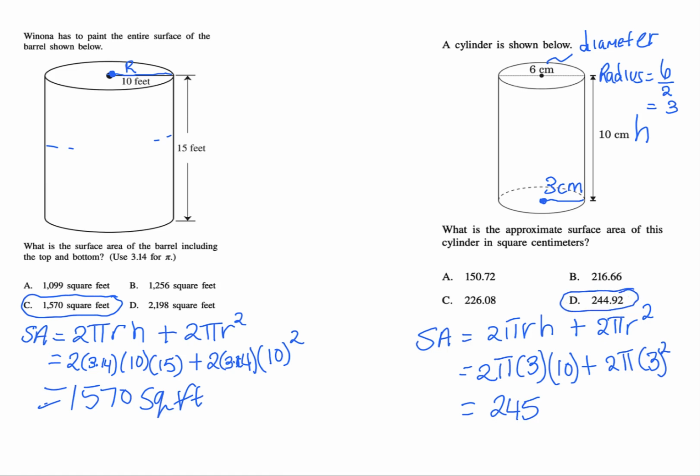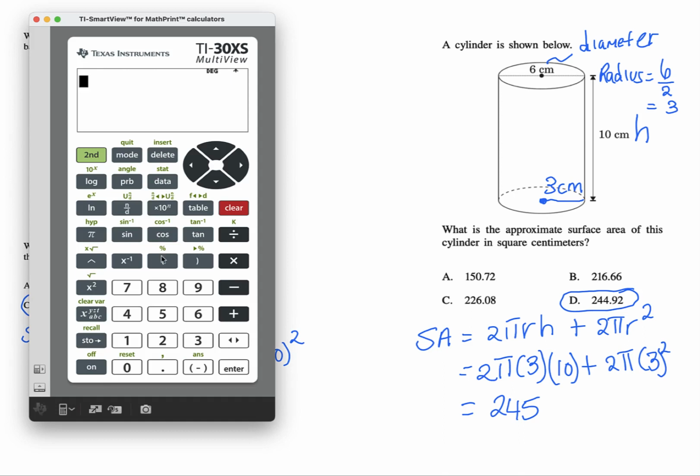I'm going to show you that that is correct. So let's try that. So we have 2 times 3.14 times 3 times 10 plus 2 times 3.14 times 3 squared, close our parentheses, and when we hit enter, notice we get 244.92.